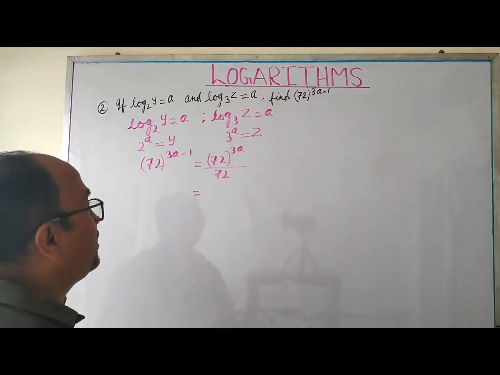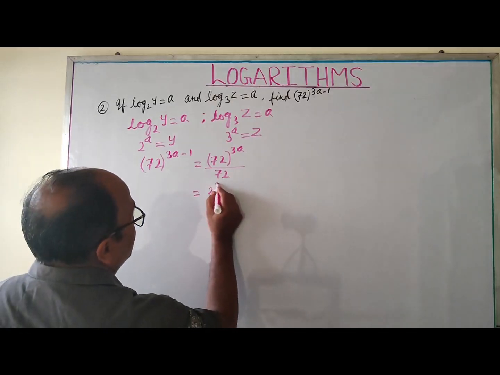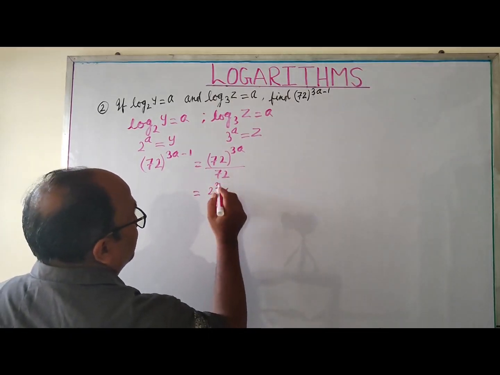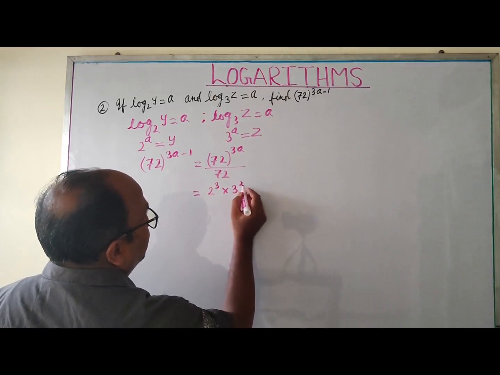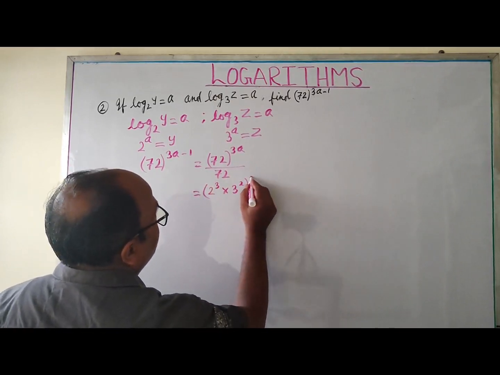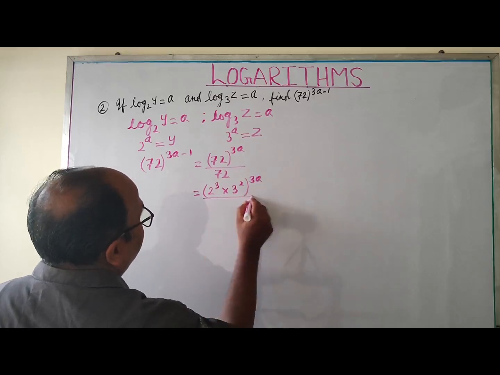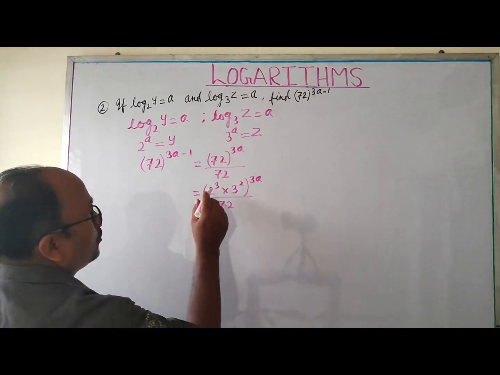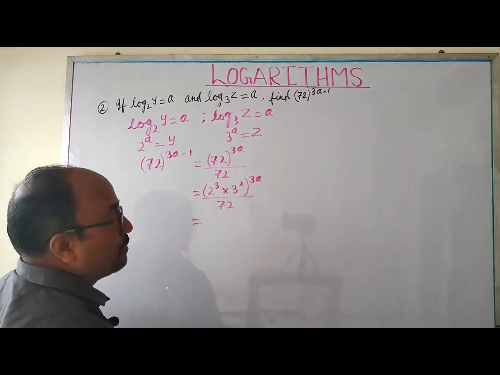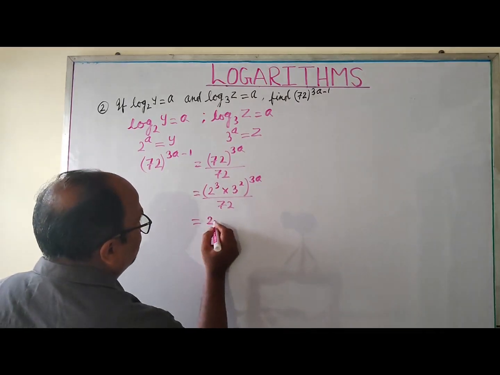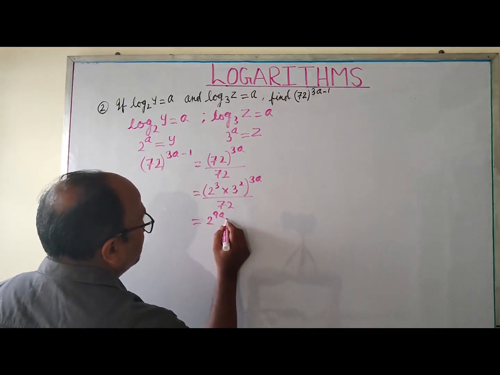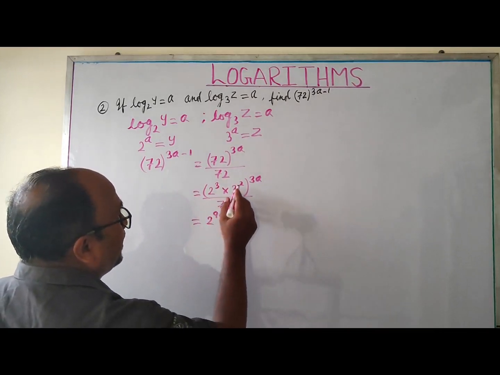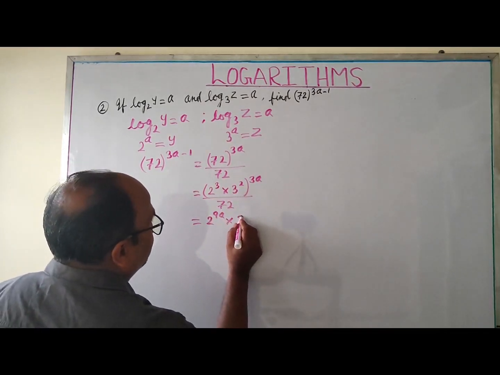So 8 can be written as 2 to the power 3, and 9 can be written as 3 to the power 2, all to the power 3a by 72. 2 to the power 3 to the power 3a, power over power gets multiplied, so I get 9a, and 2 into 3a will give me 6a, by 72.